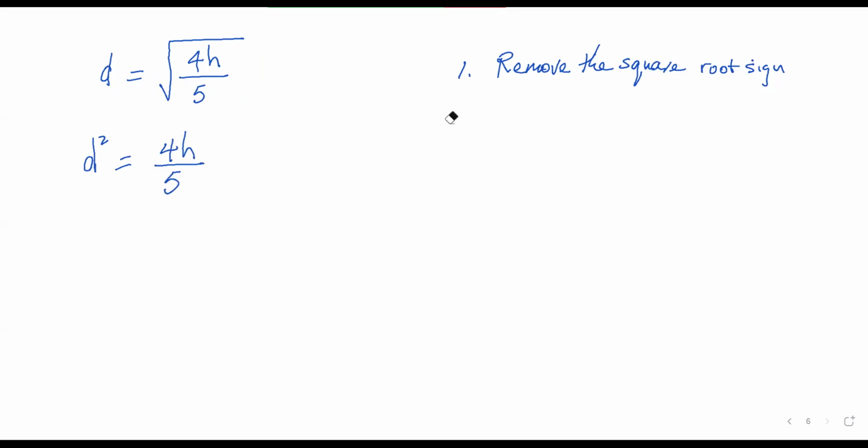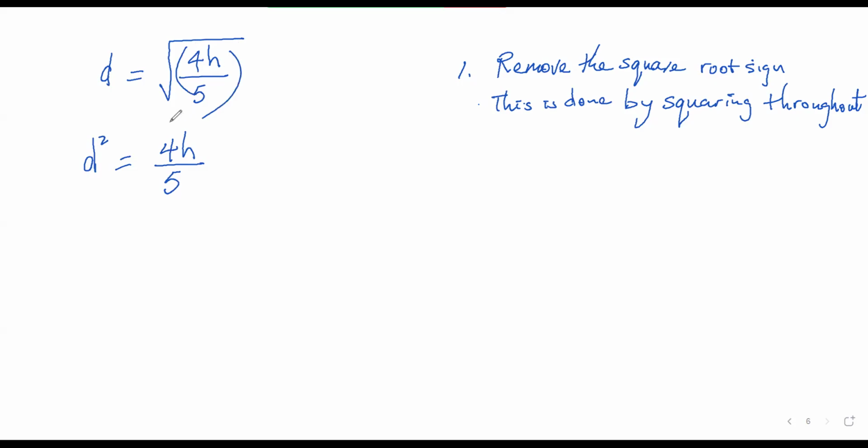So we remove the square root sign by squaring throughout. Well, this whole thing was square rooted, that's why there's no square here.